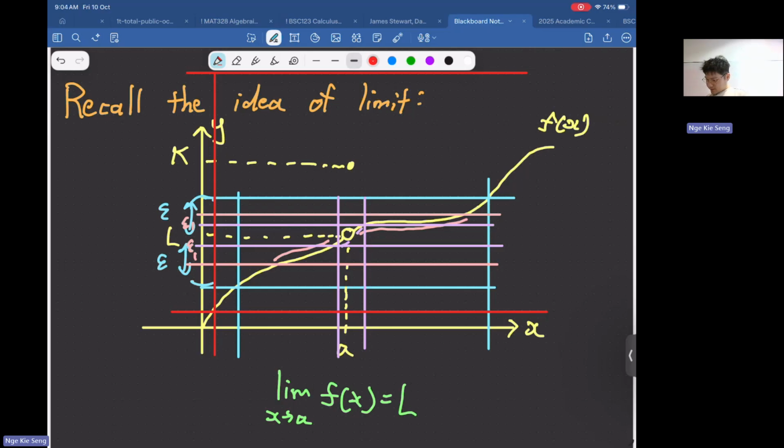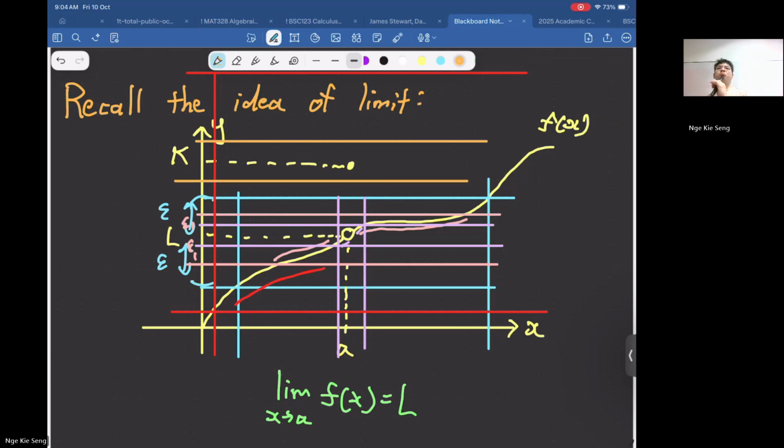Because let's say you fix a very close region around k, so let's say we fix this region here, and you cannot see your function anymore.